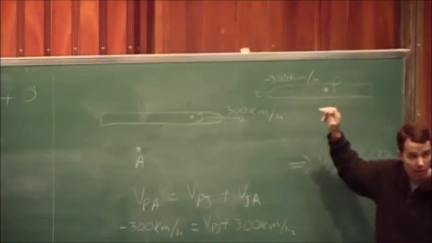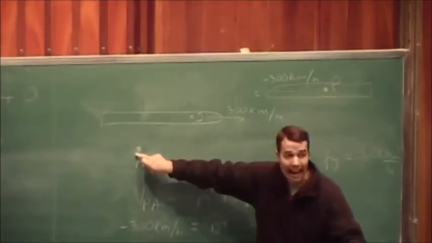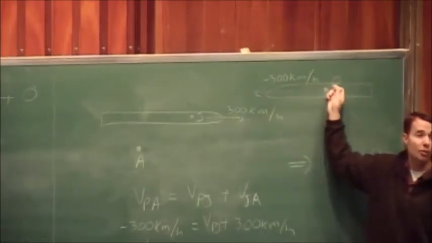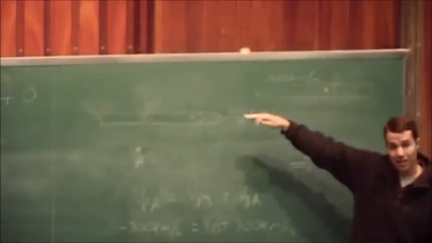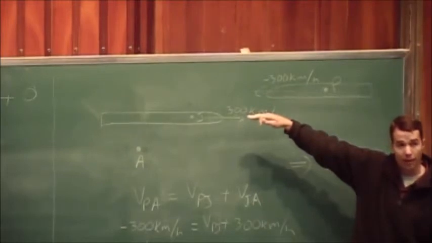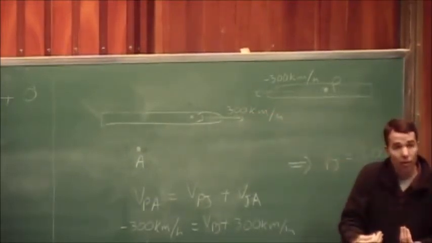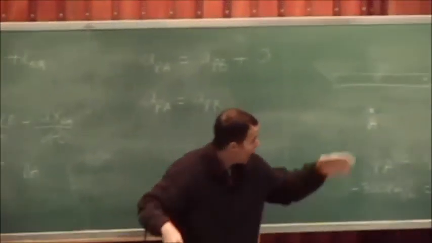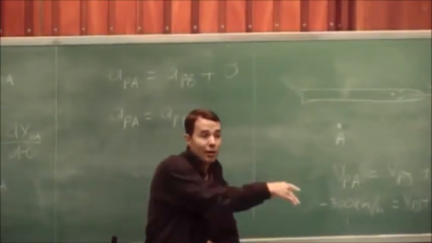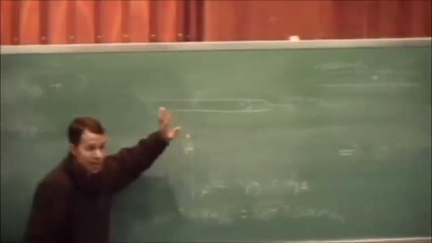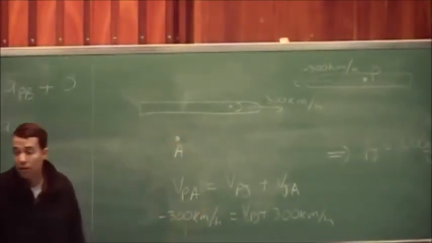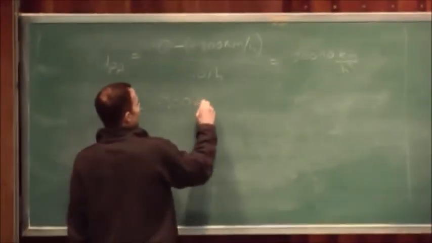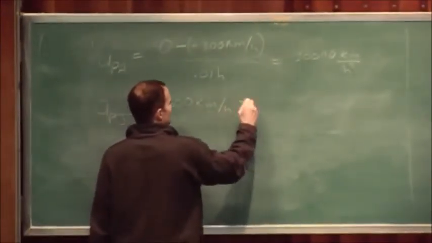Minus 300. So when it's at rest with respect to Alex, when I look at it, it doesn't look like it's at rest anymore. It looks like it's going at minus 300 kilometers per hour. Right? If I consider everything in my frame, then what I see is that the train appears to be going minus 300 kilometers per hour, even though in Alex's frame, it's just stopped at a station. Right? So its final velocity is minus 300 kilometers per hour.